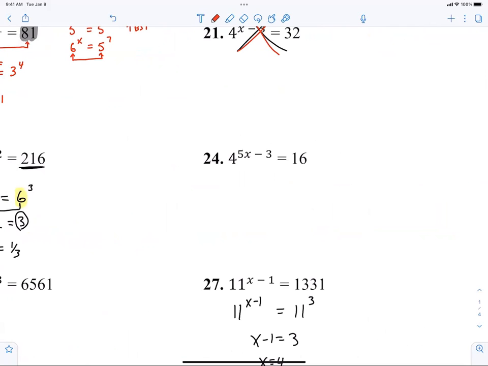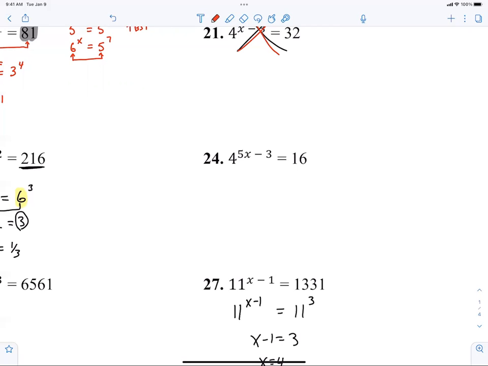Did you type in the equation? You have to physically type in an equation. You have to actually type in an equation, and that'll help you.